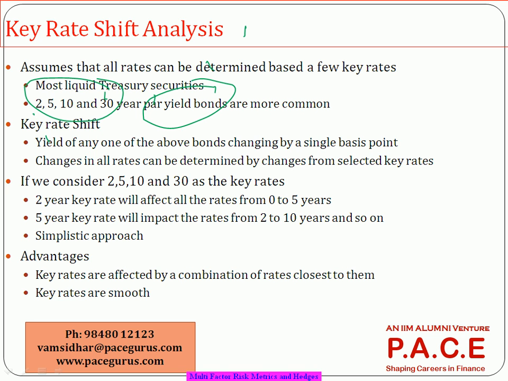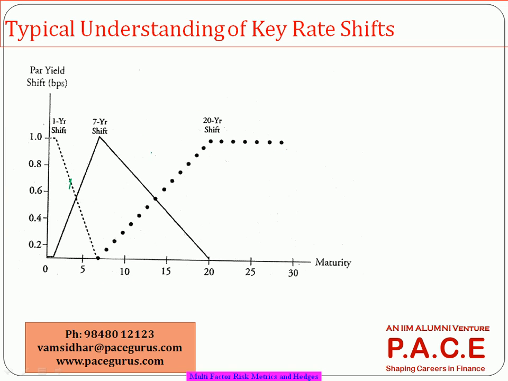Similarly like this, and there is one more assumption that is coming up, because we are taking only these 4 spot rates. What this mechanism is also assuming is, if this is the 7-year spot rate and it is changing, let's say we are considering, let me take this example itself.